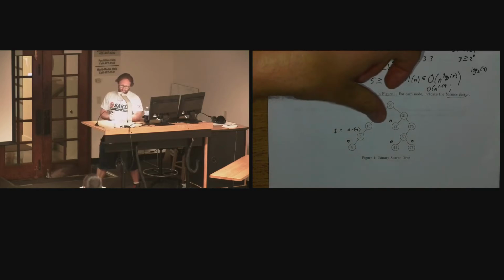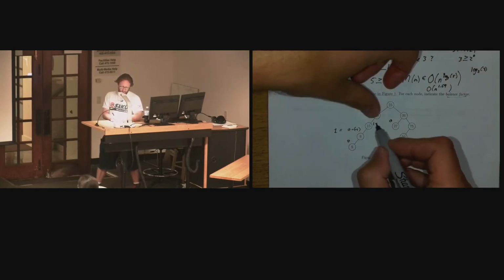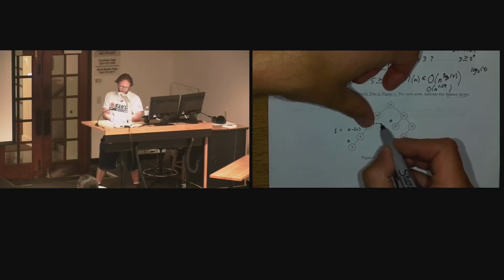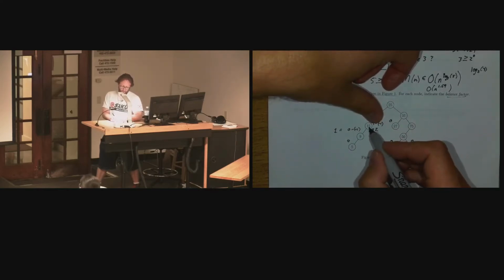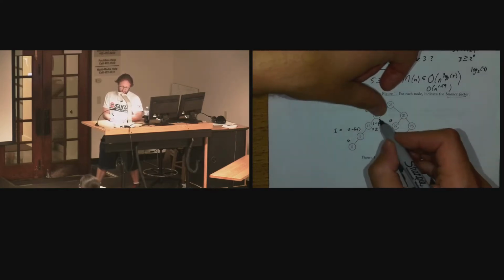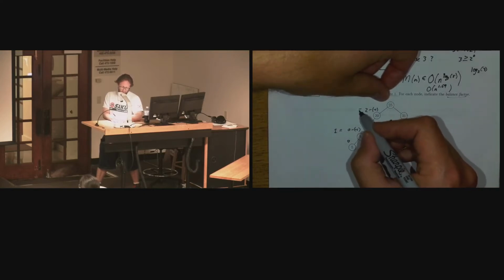What about the height of 15? It's going to be the height of the left subtree, which is 1, minus the height of the right subtree, which is -1. So that's going to end up being 2. What about the height of 20? 1, 2, minus the height of an empty subtree is -1, so it's going to end up being 3.